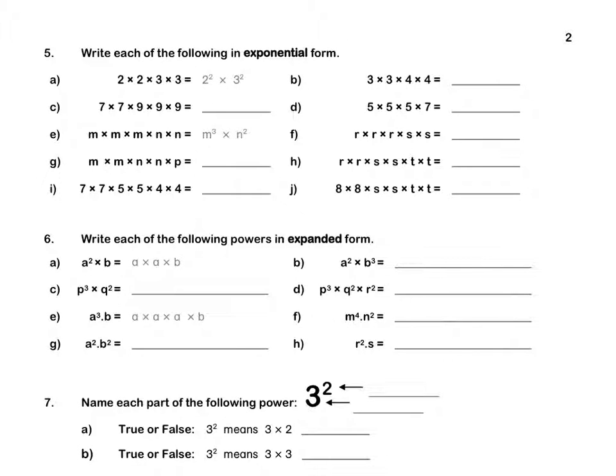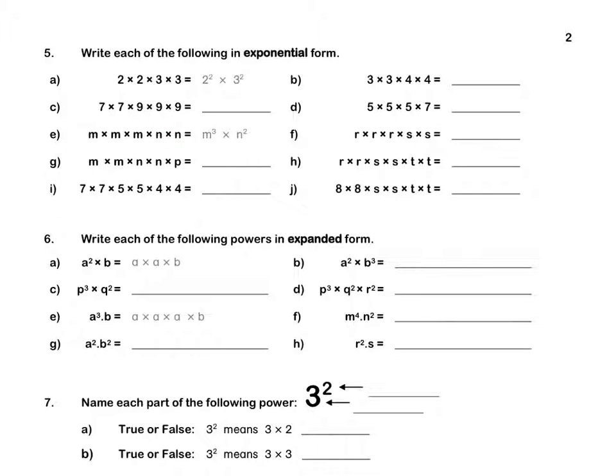Question 5. Write each of the following in exponential form. 2 times 2, the base is 2 and the exponent is 2, multiplied by 3 times 3, which is 3 squared. Let's look at E. m times m times m. The base is m and the exponent is 3, multiplied by.